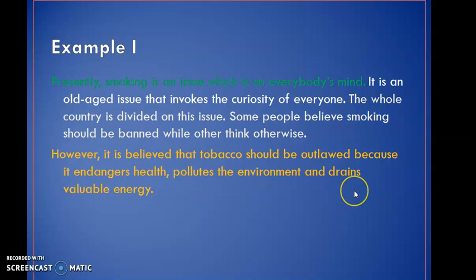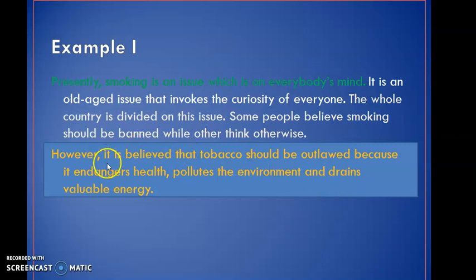The thesis statement is the one in yellow. Let's read it together. However, it is believed that tobacco should be outlawed because it endangers health, pollutes the environment, and drains valuable energy. So, that is one example of thesis statement.